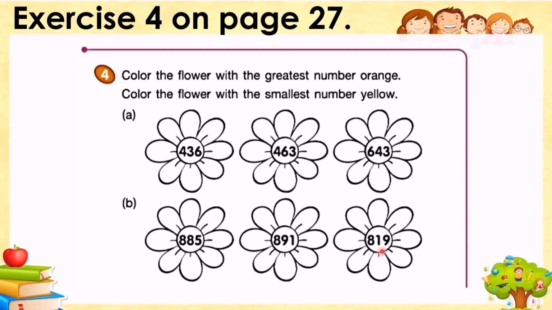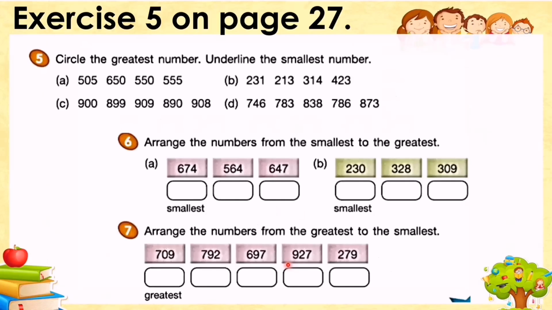This is the smallest number. So you will color it with yellow. Again, 819, you will color that one yellow. And 891, you will color it with orange. Okay. So, let's proceed to your last activity.